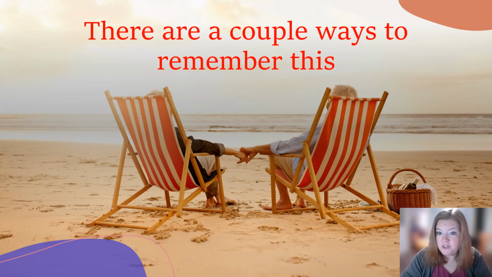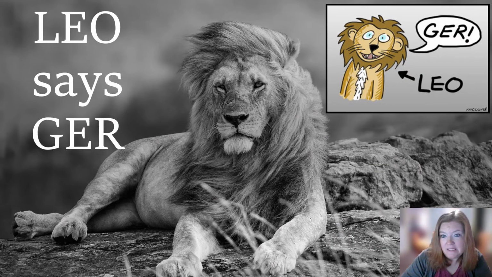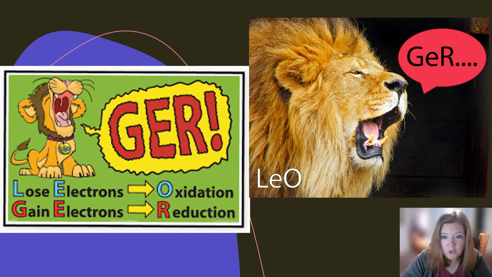So there are a couple ways to remember this. The first one is my favorite just because I love cats, any kind of cats. So it's Leo says grr. What do I mean by that? Leo, loss, electrons, oxidation. Leo, grr, gain, electrons, reduction. Leo says grr. But there's another way to remember it. You can pick the one that makes sense for you.